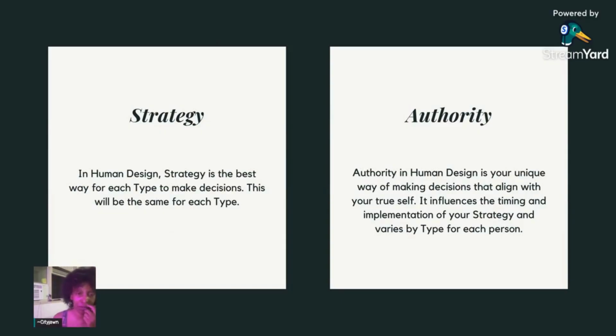Now let's get into what you learn immediately after learning what your human design type is. Every human design type has a strategy and an authority. Your strategy in human design is the best way for you to make decisions by type.